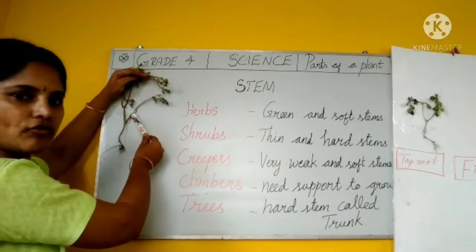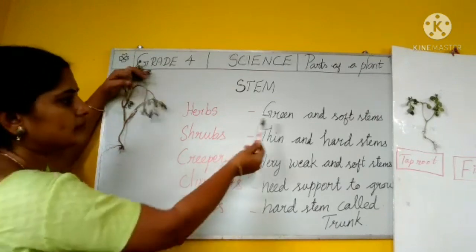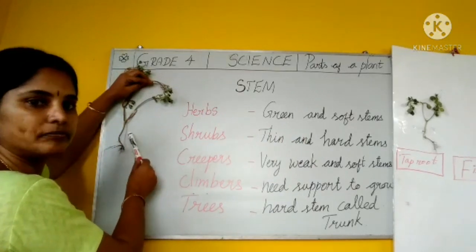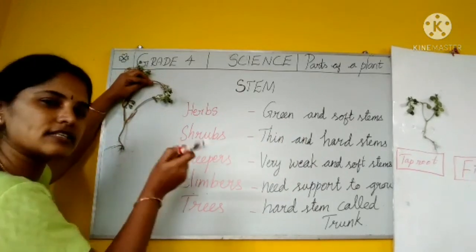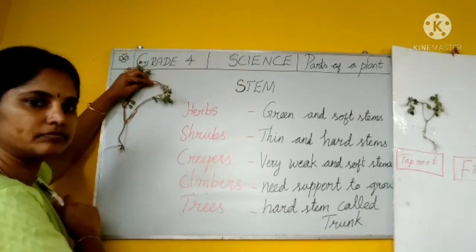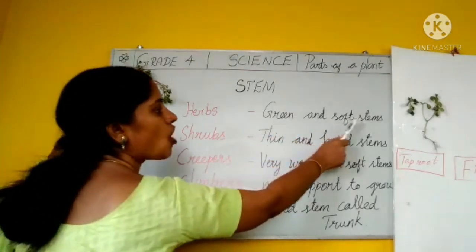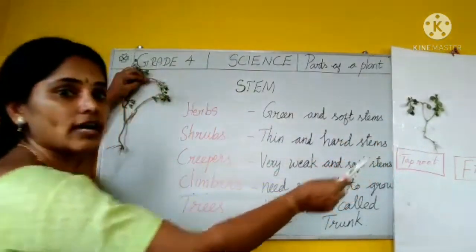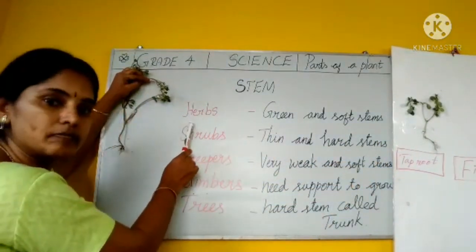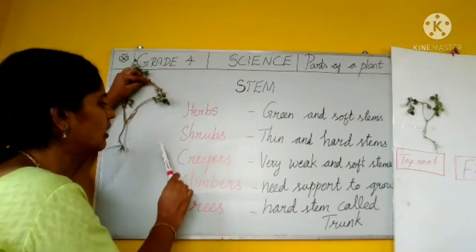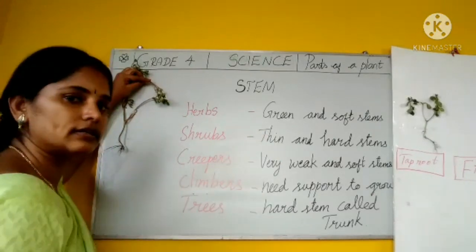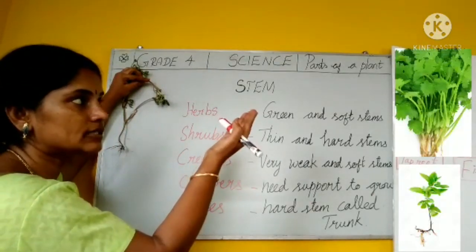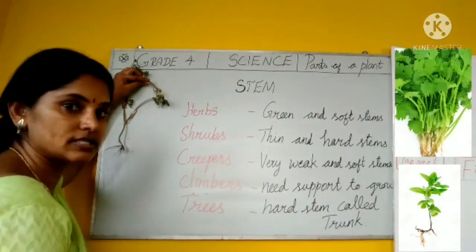Green and soft stem, this is called a herb. Look at this stem too, green and soft. This is what we call herbs. What herbs do we come across? Coriander, mint. These are all herbs, isn't it?